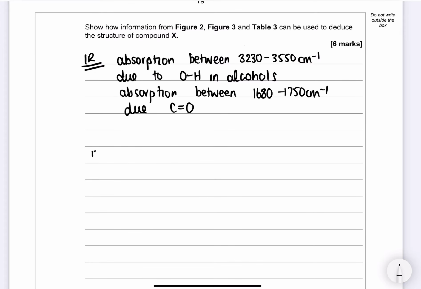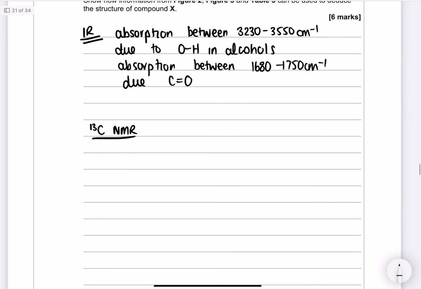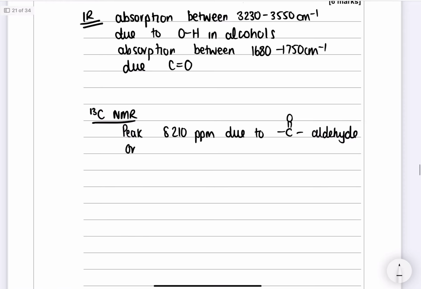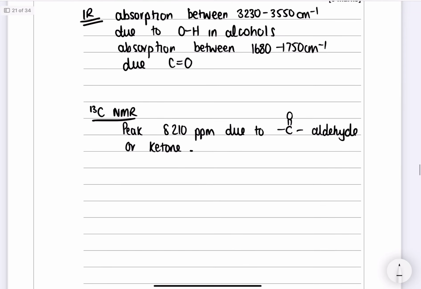If we then look at the carbon-13 NMR, which we were given, we had that peak at around 210 parts per million, and that was due to C double bond O. And on the data sheet, it called that aldehyde or ketone, and that kind of confirms what we know from our infrared.